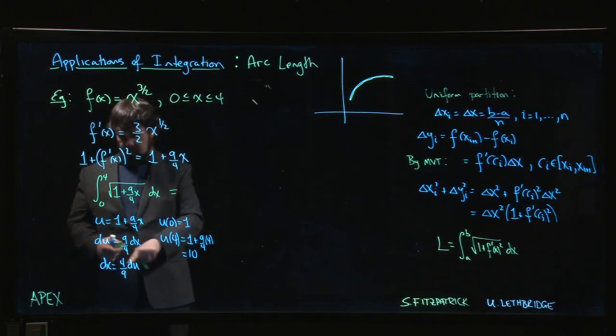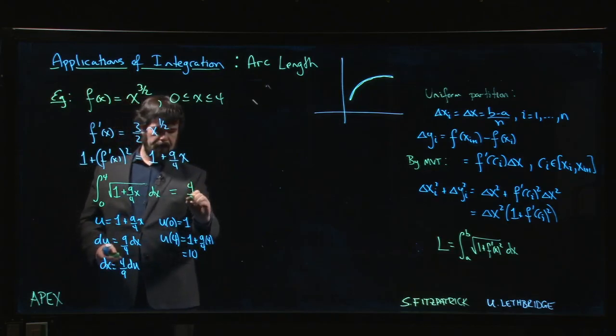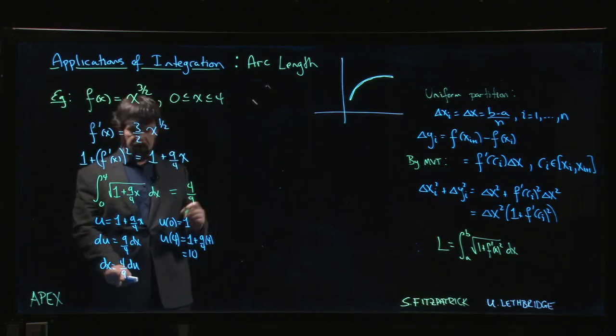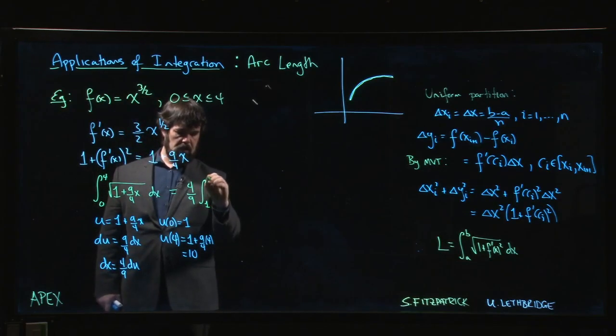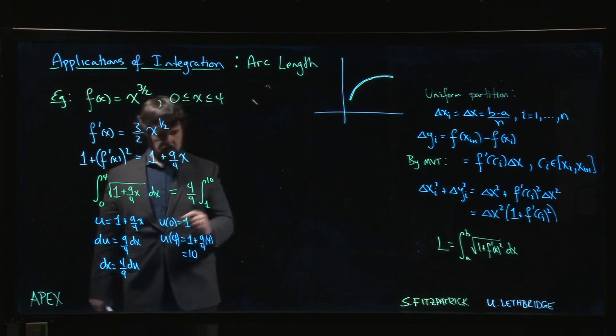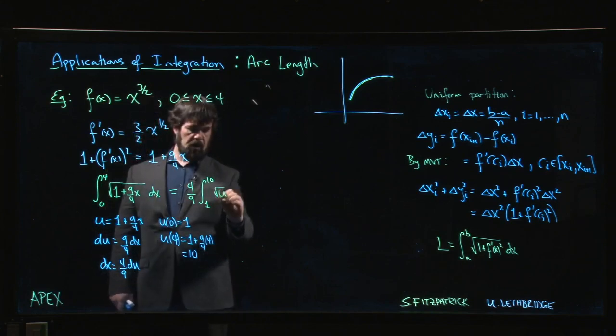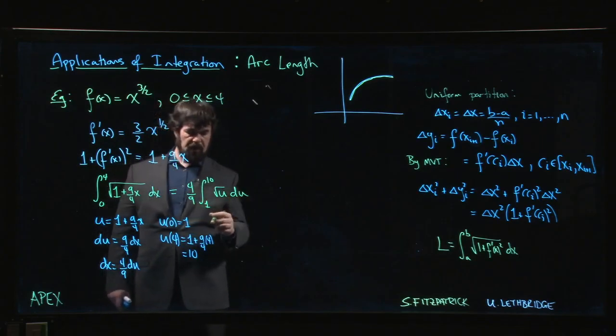Okay. So if we put everything in, put that 4 over 9 out front, just so you don't have to worry about it. Integral from 1 to 10, square root of u times du. Well, that's simple enough, right?